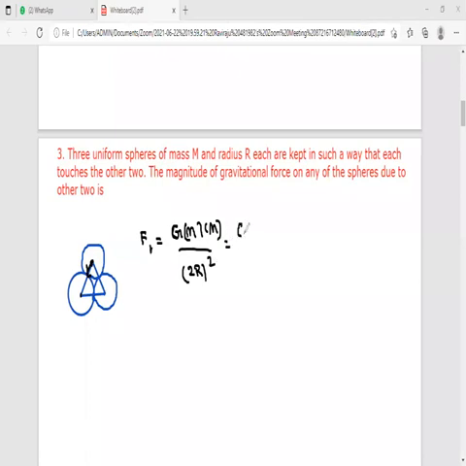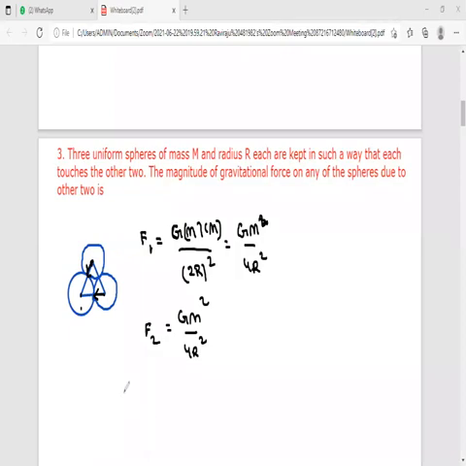So that will be G m square by 4 r square. And F2, that is the force acting on this particular sphere due to the third one, will also be equal to the same thing, G m square by 4 r square.